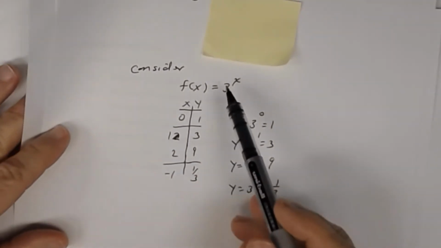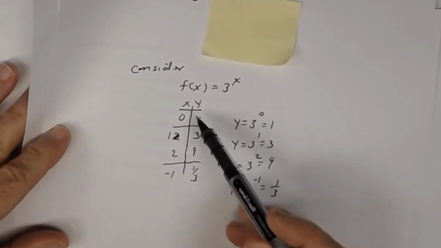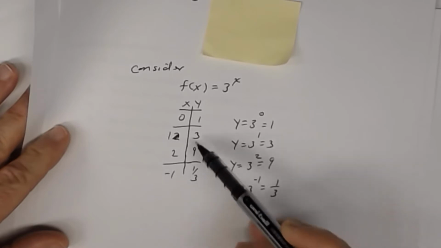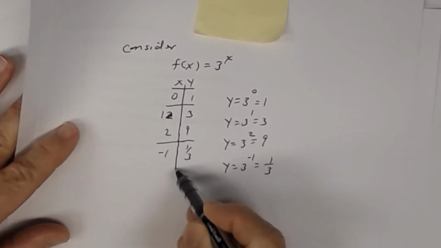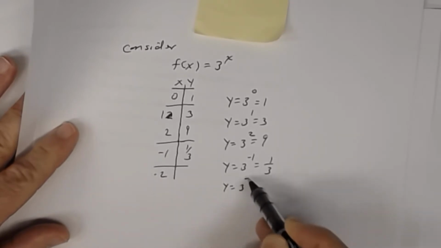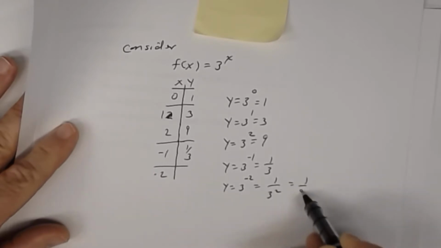Now, remember, in our lessons, we talked about this fact. If we look at this function right here, notice that no matter what x value I use, my y values are always going to be positive. And notice that if I let x be negative 2, for example, I get y equals 3 to the negative second power, which is 1 over 3 squared, which is 1 over 9.